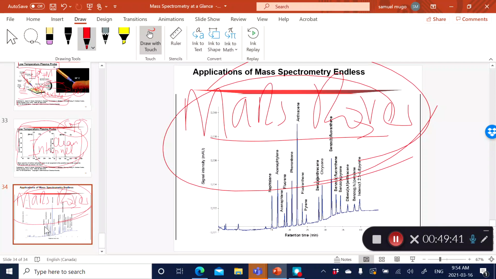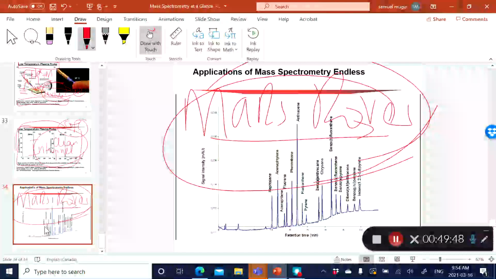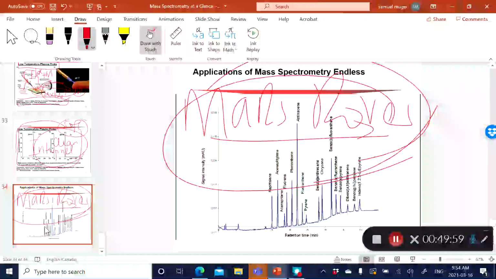Mass spectrometry really is the gold standard now for forensic analysis and lots of different types of applications: food analysis, medical diagnostics, homeland security, and so on. That's all I'm going to say about it, and hopefully what we have covered gives you a gist of some aspects of mass spectrometry and its scope of application.